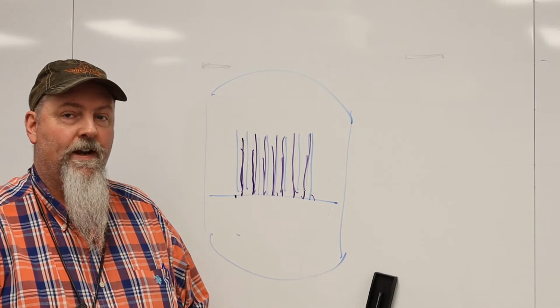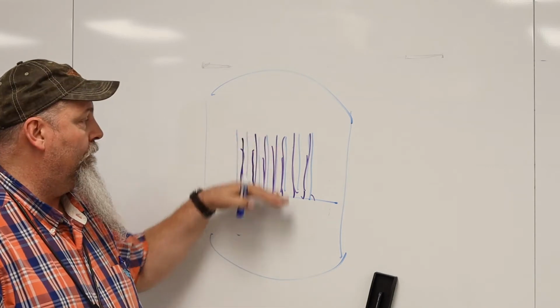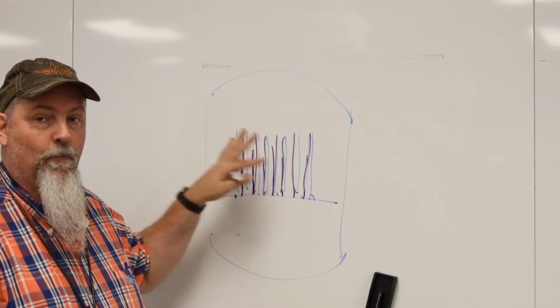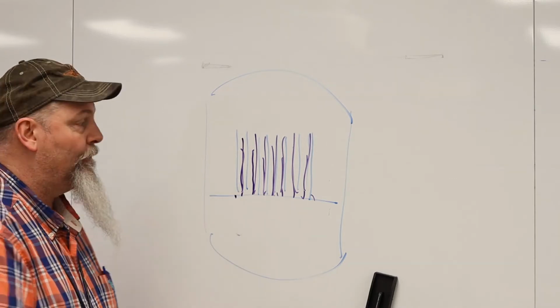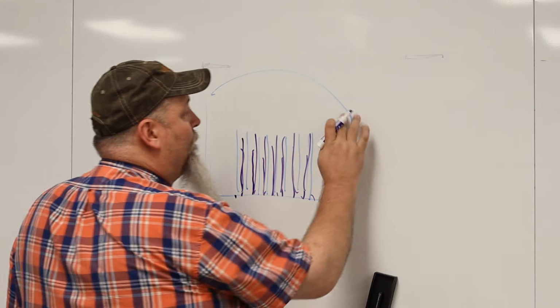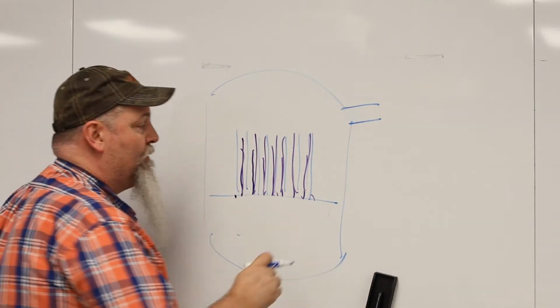Now, it's different than an isolation. While a scram takes care of the neutrons, it puts the reactor in a safe shutdown condition, it doesn't take care of everything else going on. So we have pipes going into and out of the reactor pressure vessel.